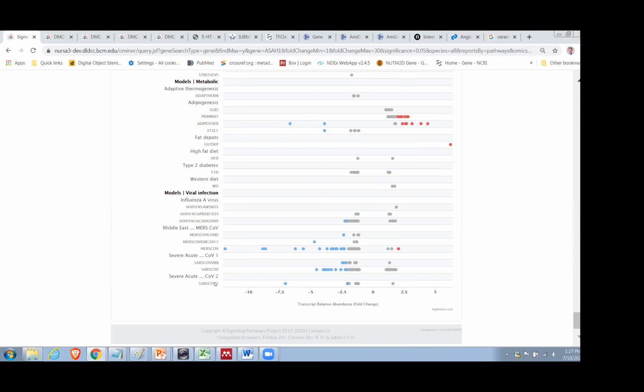If you look down here at the bottom, these are all the data sets, the experiments that relate to infection by SARS-CoV-2. And you can see that in all but one of these, ASAH1 is downregulated in response to SARS-CoV-2 infection.